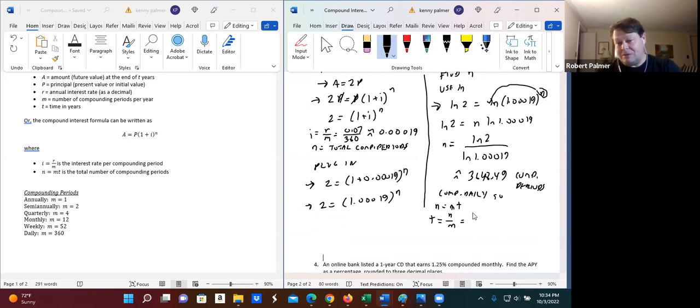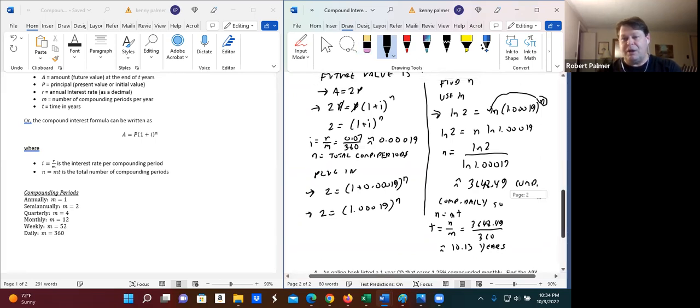So n is 3648.49 divided by m, which is 360 per year. And that will give us our approximate time in years. So I'll just use a calculator for this. 3648.49 divided by 360 comes out to be 10.13 years, a little over 10 years. So under those conditions, it should take a little over 10 years.